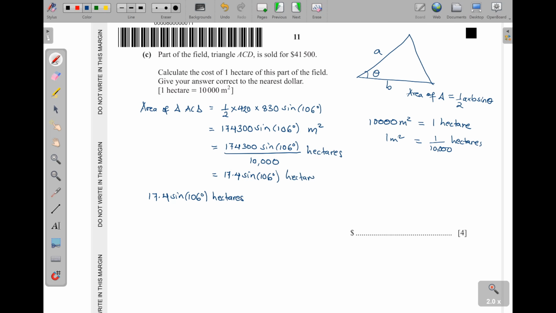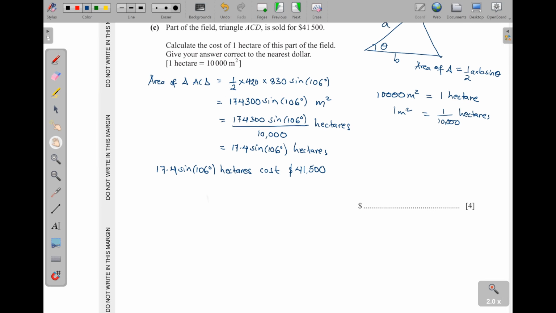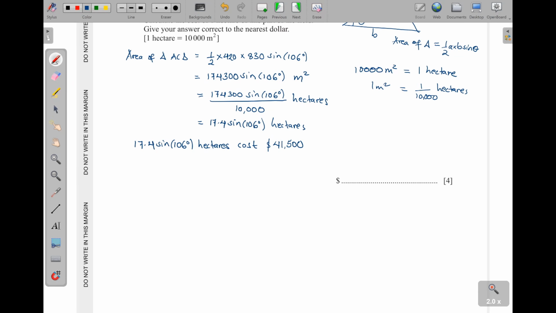These hectares here cost $41,500. Then how about 1 hectare? 1 hectare will cost this 41,500, then we divide by the 17.4 sine of 106 degrees.